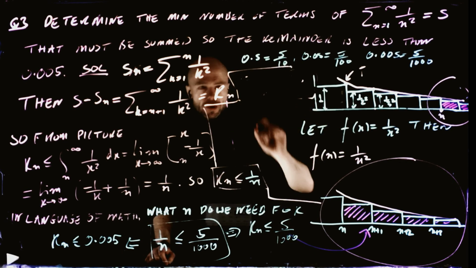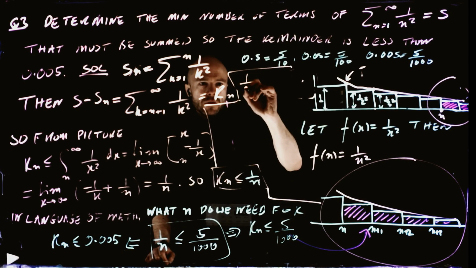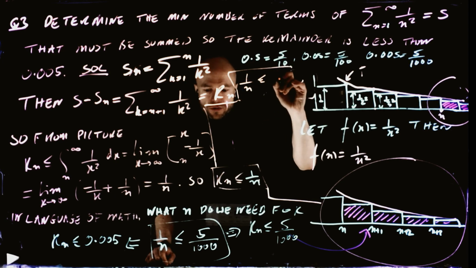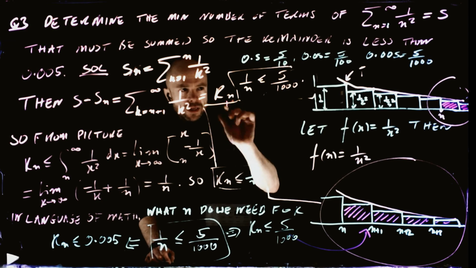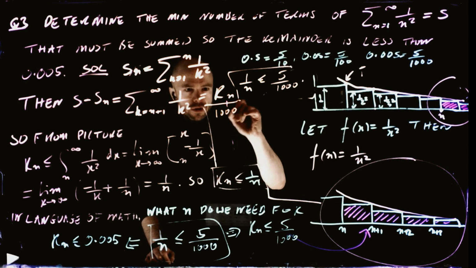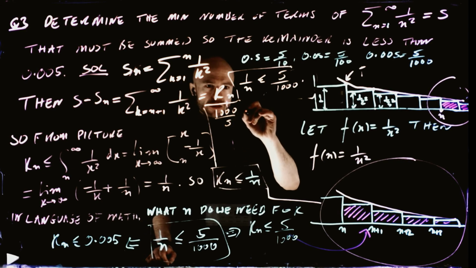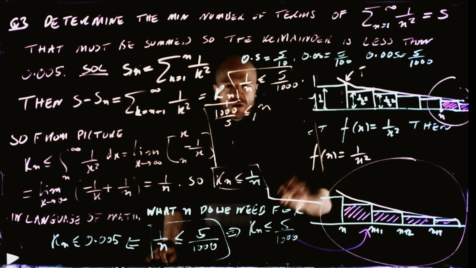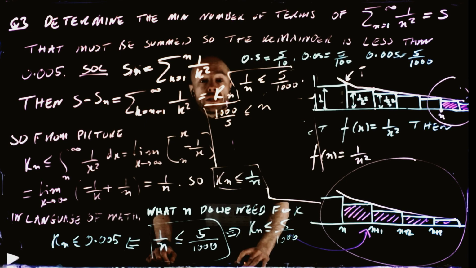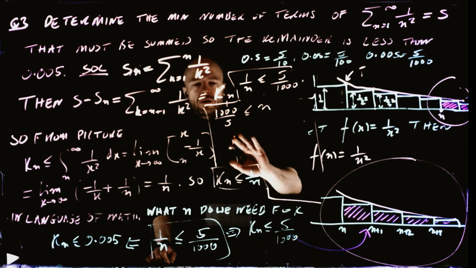This thing we can just rewrite. 1 over n less than 5 over 1,000. Let's flip things around. That's the same as 1,000 over 5 being less than or equal to n. What is 1,000 over 5? 1,000 over 10 is 100, so twice that is 200.